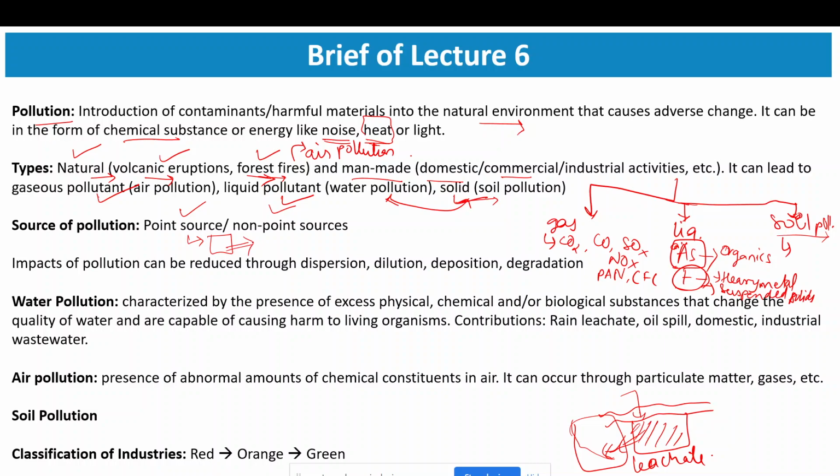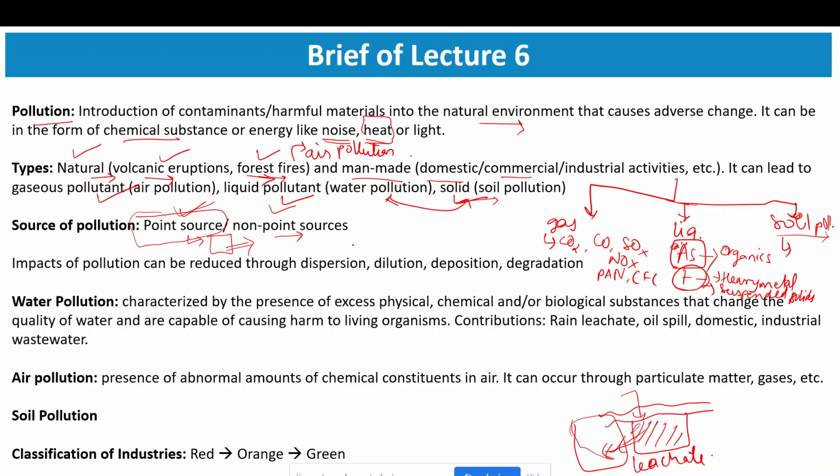If we are able to find out its location, then it is a point source. So we can avoid such pollution, and further mixing of various streams so that it spreads can be avoided.